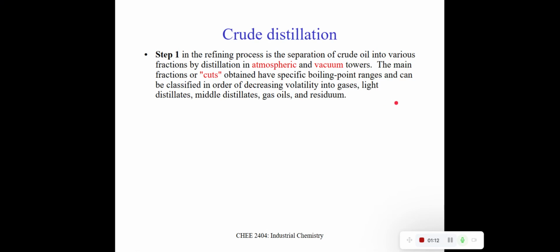So in the atmospheric distillation, the desalted feedstock is preheated using recovered process heat, so that it further flows into the main distillation column.